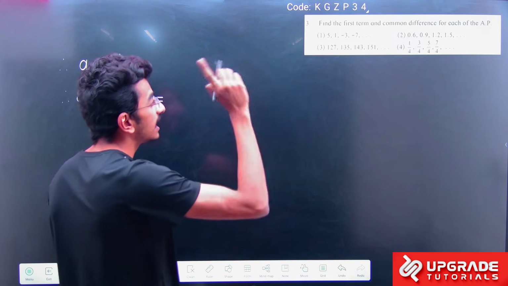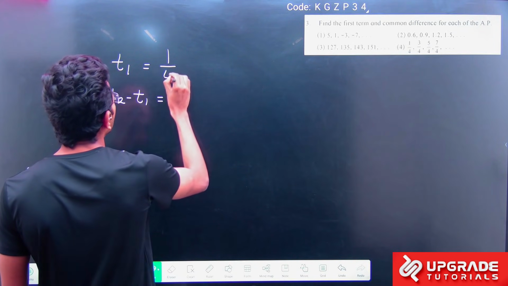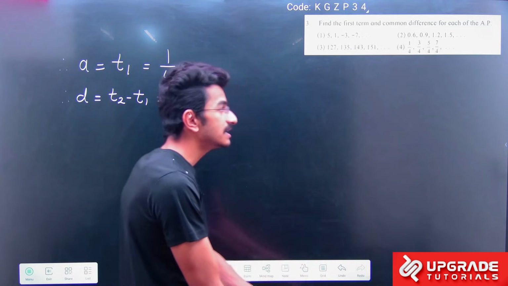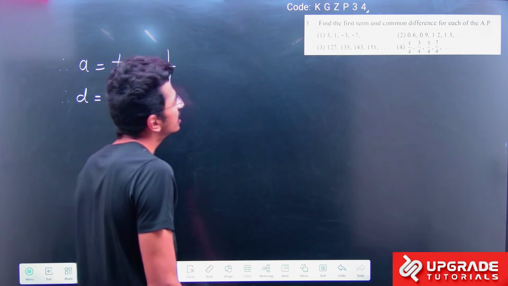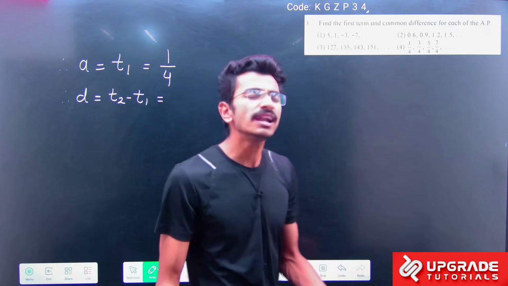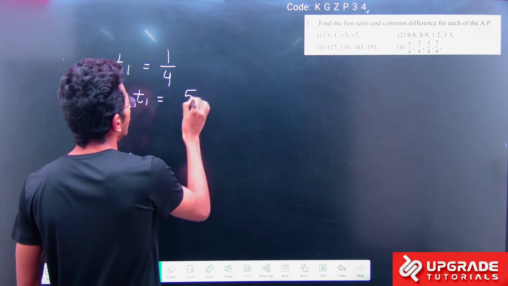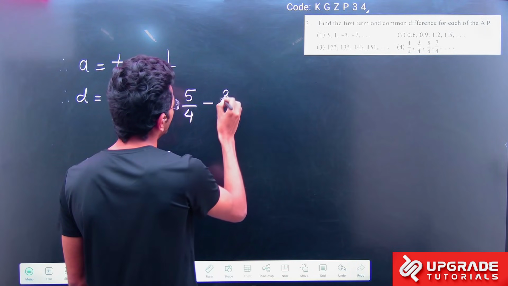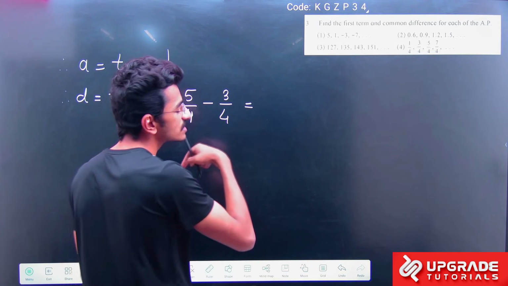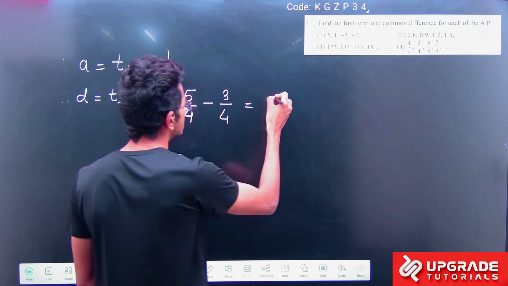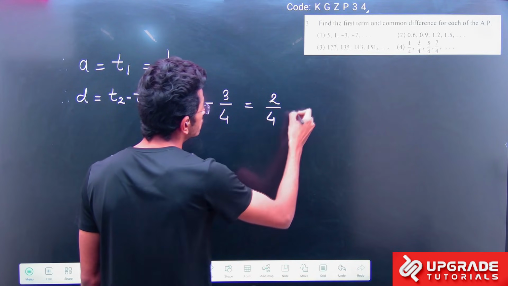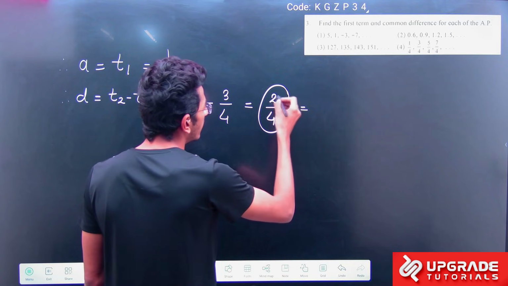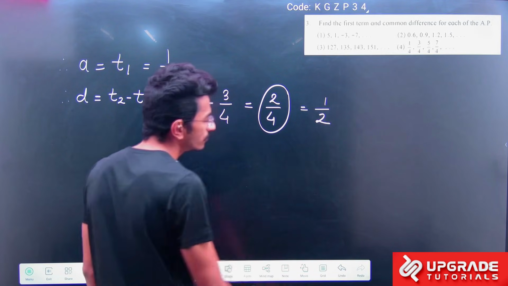Similarly, question number 4. First term is A. A means T1, 1 upon 4. And the common difference is second term minus first term. Okay, here we'll do third term minus second term. Let us check if it is coming the same or not. 5 upon 4 minus 3 upon 4. Denominators are the same, so just subtract the numerators. 5 minus 3 is 2 upon 4. What is 2 upon 4? You can keep it 2 upon 4, or you can also simplify it: 2 ones are 2, 2 twos are 4.